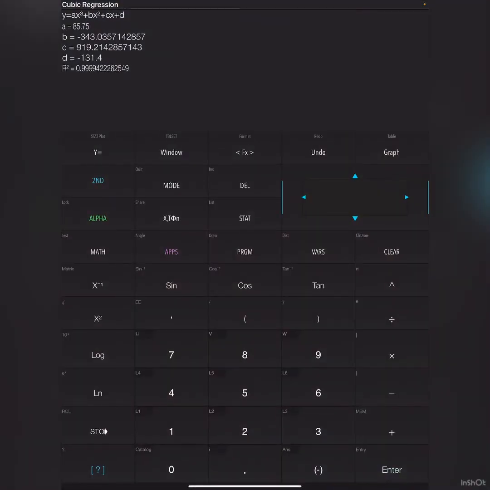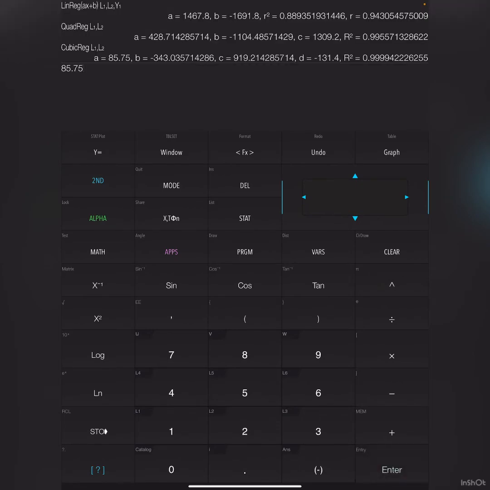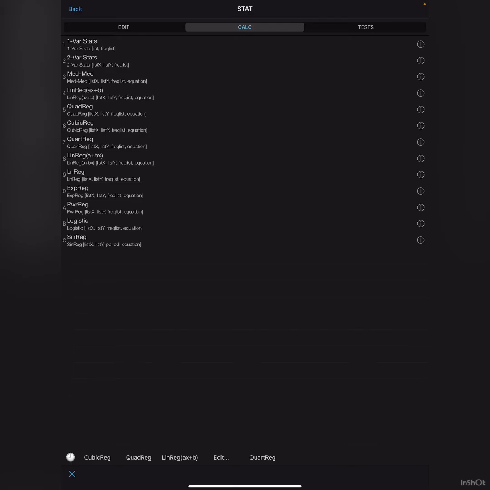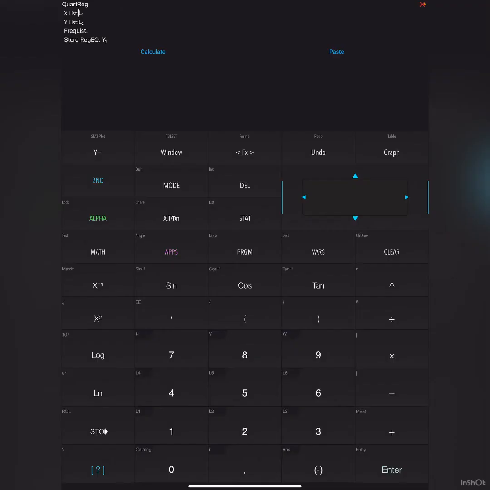So we'll go ahead, enter, clear. So now we're going to run a quartic regression, same process, L1, L2. And let's go ahead. I already ran this one, that's why it's already in here.